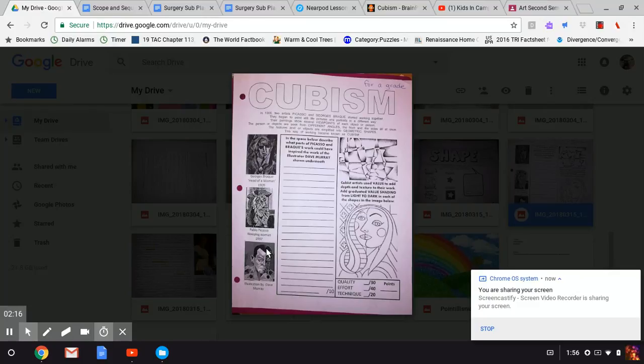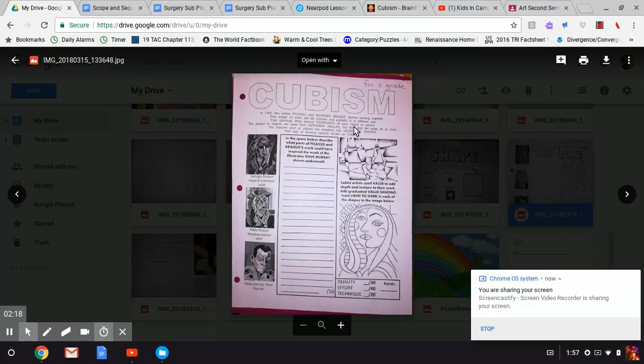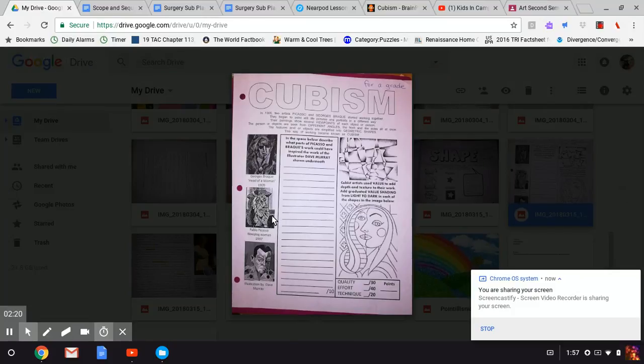The point of Cubism, like it said right here, was to look at the object. So this woman, or this woman, or hopefully this is a guy, I'm pretty sure this is a guy.